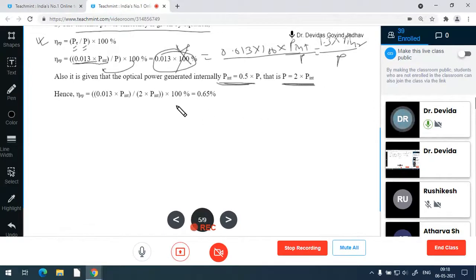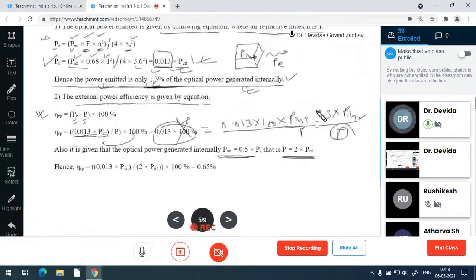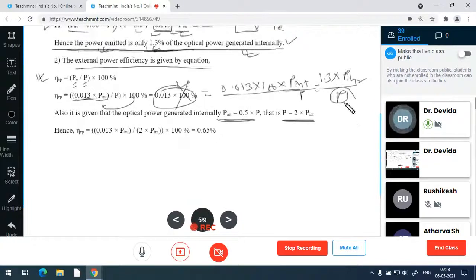If you substitute P in the denominator, the P internal in the numerator will get cancelled.